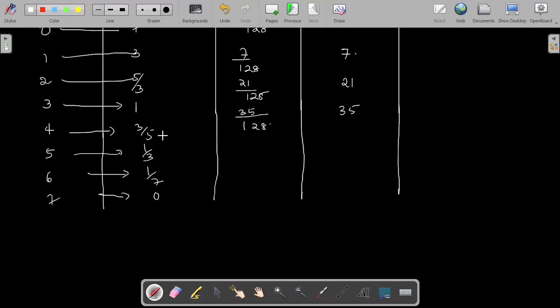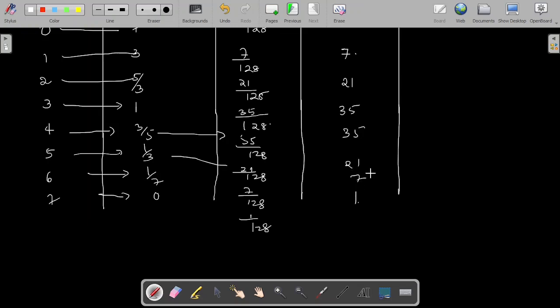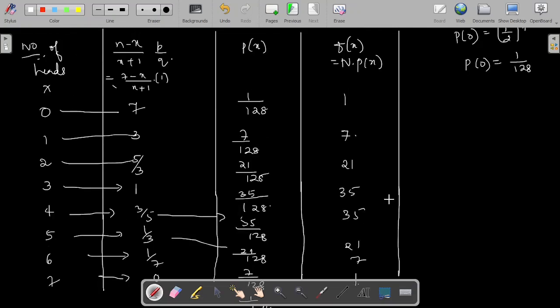Accordingly here you will get 35 by 128 again, then 21 by 128, then 7 by 128, then 1 by 128. So here you will get again 35, 21, 7 and 1. Okay, so these are the expected, or theoretical, values of frequencies.